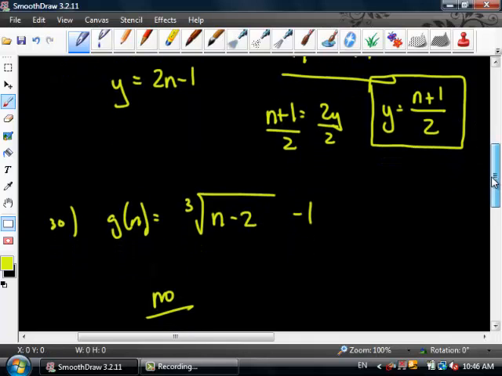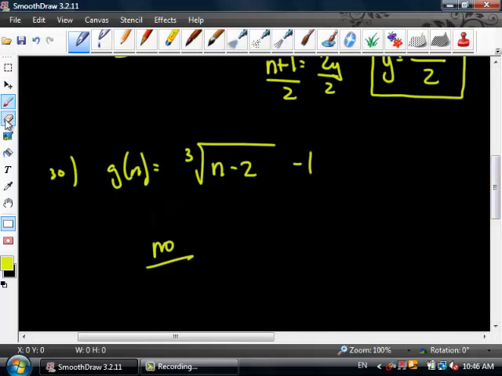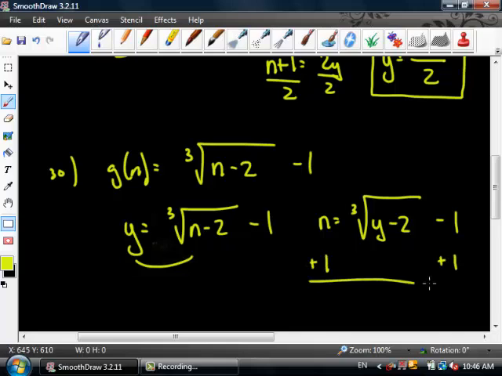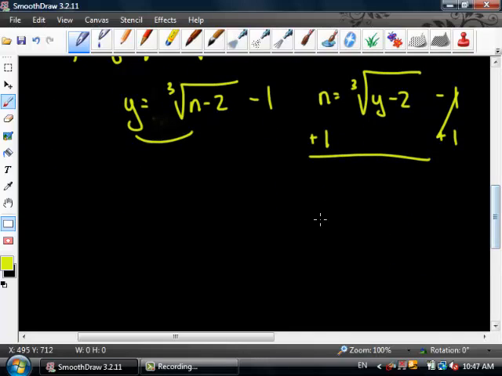All right, so again, just like the last problem, I'm going to go ahead and switch this for y. y equals cube root of n minus 2 minus 1. I'm going to flop n and y, so I get n equals cube root of y minus 2 minus 1. I'm going to add 1 to both sides, so I get n plus 1 equals the cube root of y minus 2. And now I'm going to go ahead and cube both sides.